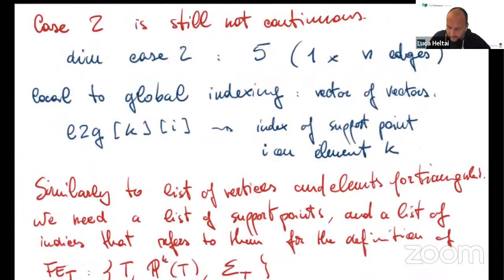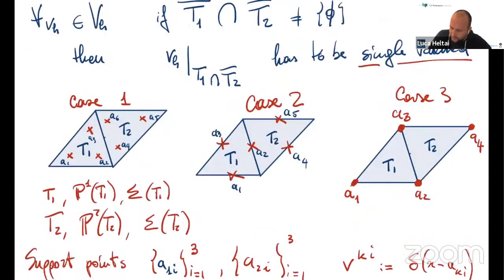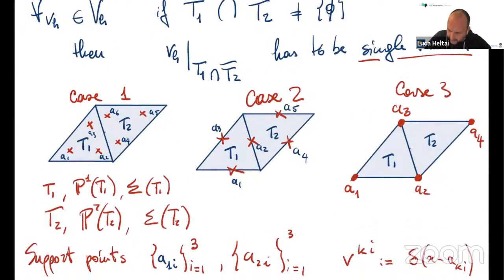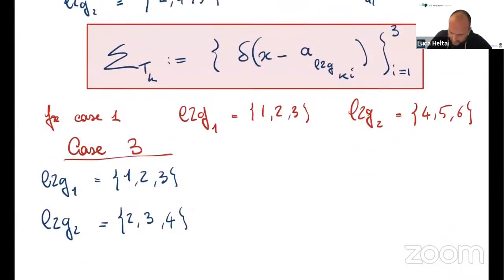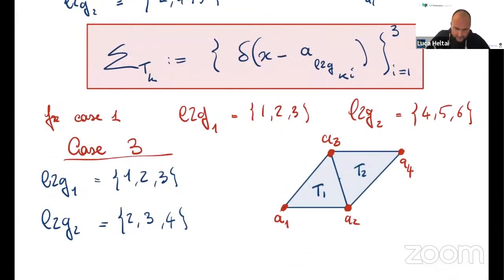Keep in mind that it would be mandatory and necessary for the implementation to preserve the orientation. So particularly, I think I did the wrong selection of orientation in this particular case. So let me correct this right away. So be careful, because if I'm using A1, A2, A3, then the orientation on the other one should be either A3, A2, A4, or A4, A3, A2. All of these are equivalent, but not what I have selected. So you either say 2, 4, 3, or you say 3, 2, 4.